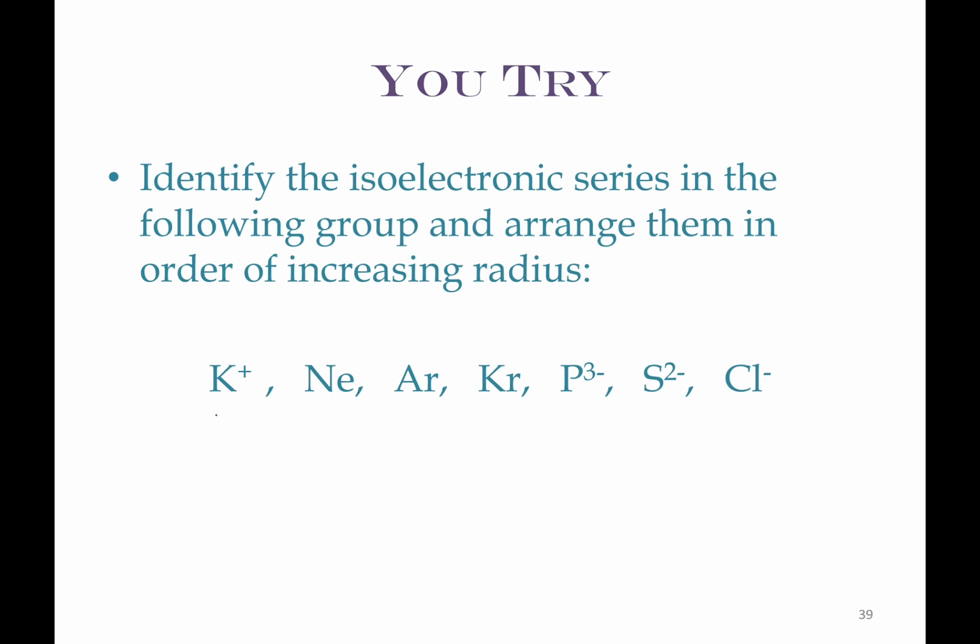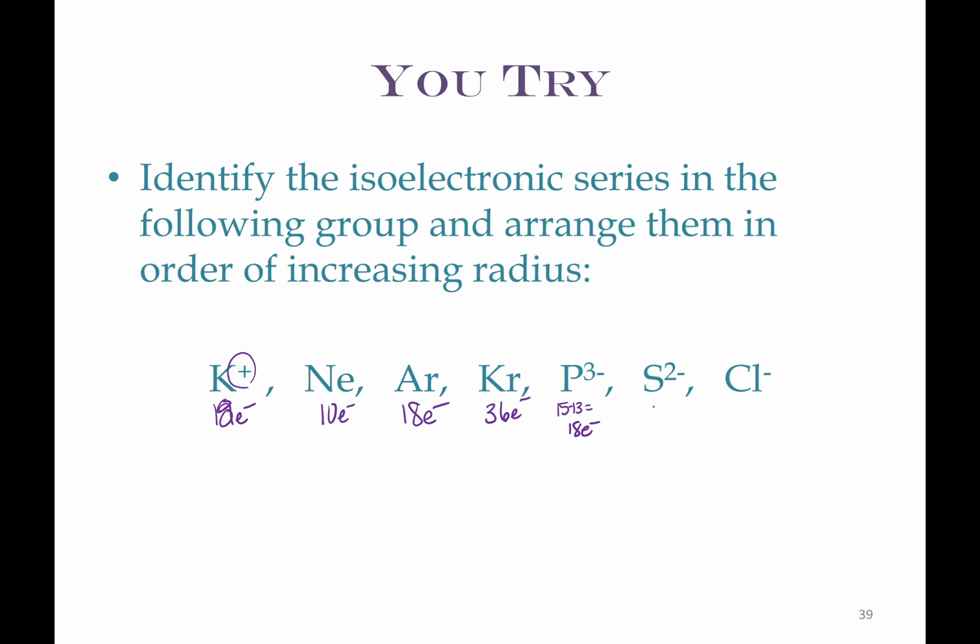So potassium would have 19 electrons, but then it's potassium ion, so now it's 18 electrons. Neon has 10, argon has 18, krypton has 36, phosphorus had 15, plus 3 gives us 18 electrons.